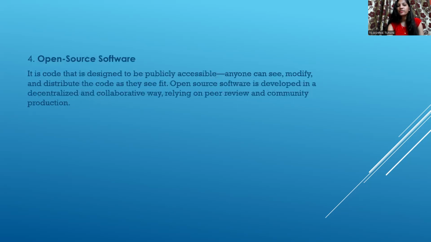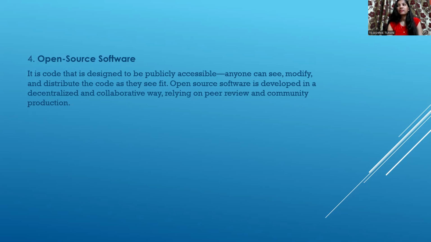Then open source software is code that is designed to be publicly accessible, as the name says. Some software is freely available: you can download it freely, and you can see, modify, and distribute the code as you see fit. Open source software is developed in a decentralized and collaborative way, relying on peer review and community production.